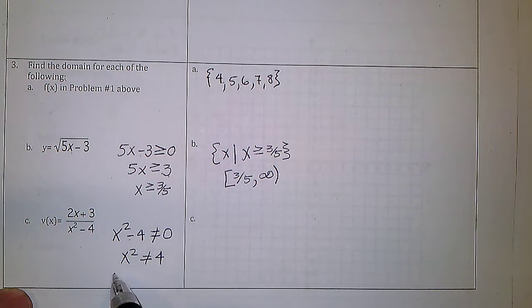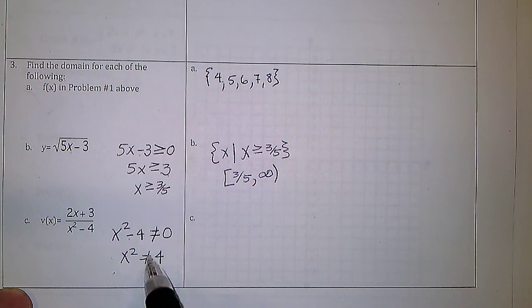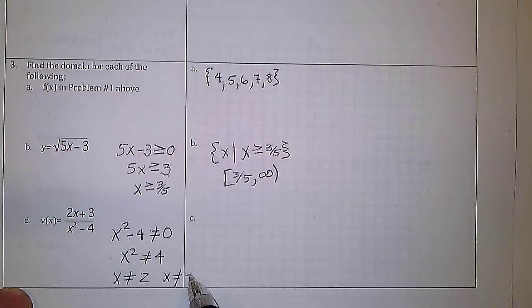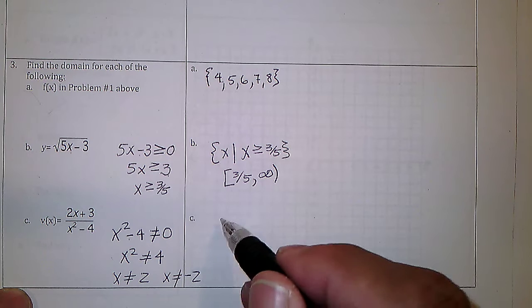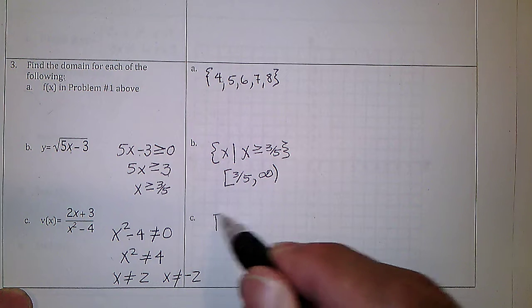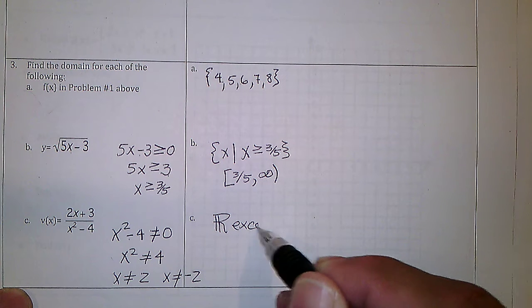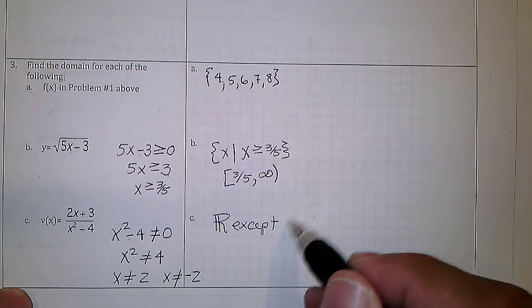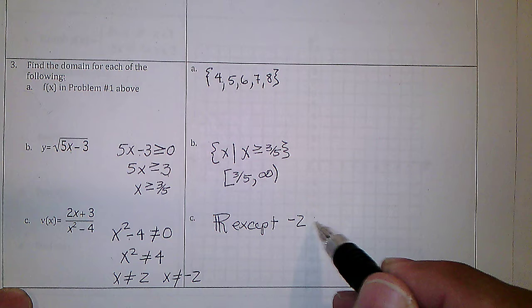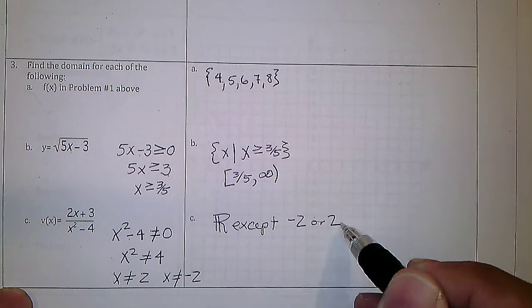Which means, taking the square root of both sides, x cannot equal 2, and x cannot equal -2. So here the domain is all reals except -2 or 2.